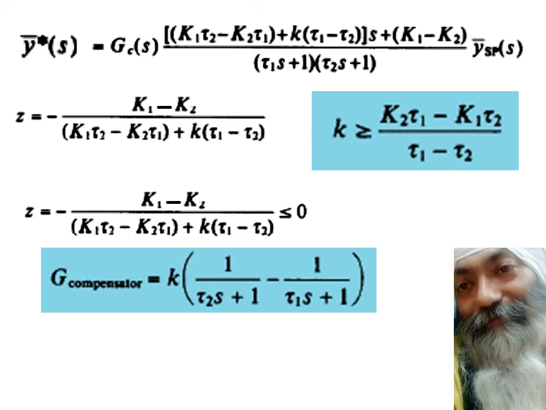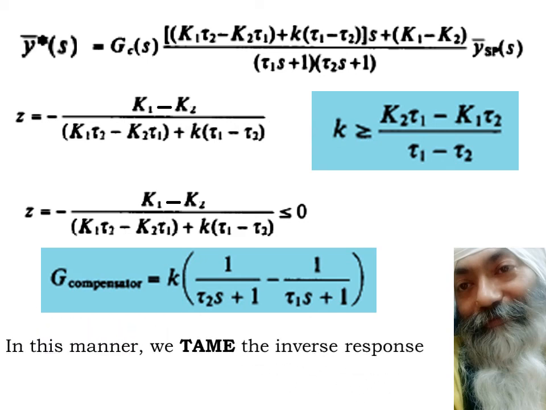This compensator is able to finally tame the inverse response. We will no longer be getting inverse response. The controller will no longer be getting confused. The human controller or any kind of PID controller or any kind of advanced controller will be able to tackle all these things in a much easier and comfortable manner.